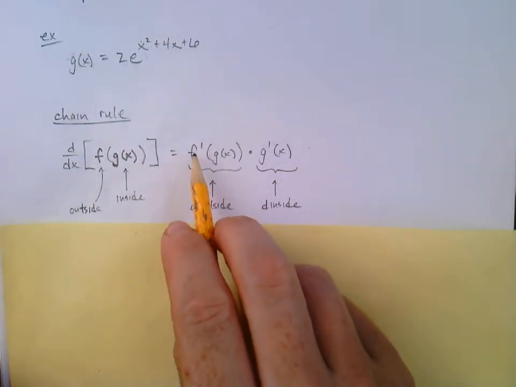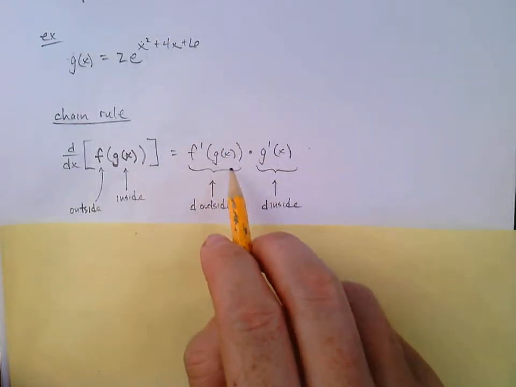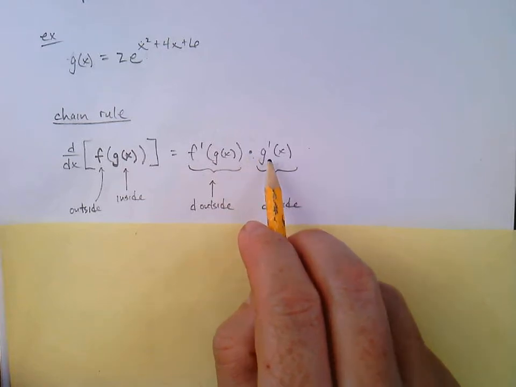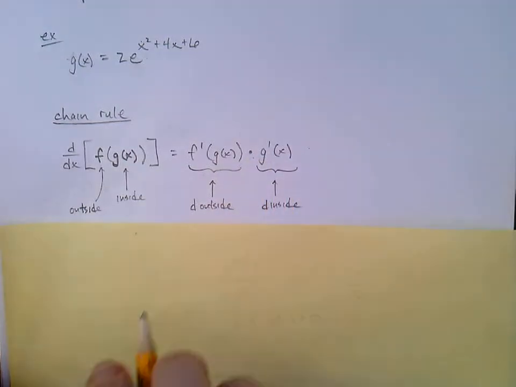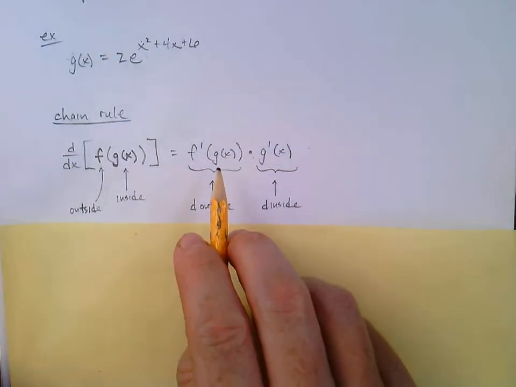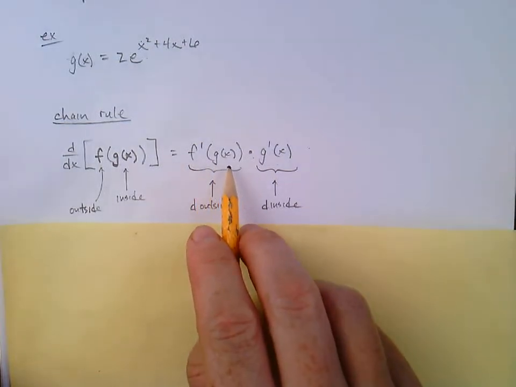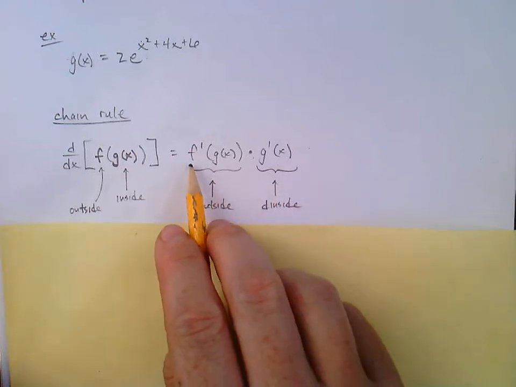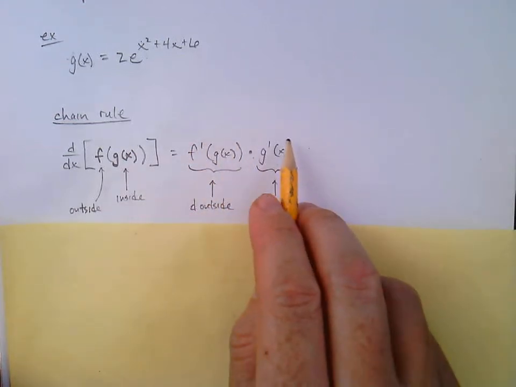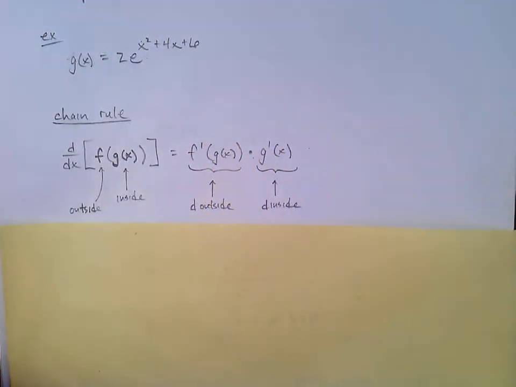Take just the derivative of f and then copy the g, and then multiply by the derivative of g. And with the result, this is where the name comes from. We're thinking of these as two links in a chain. So link number 1, link number 2, and all of it together is the derivative. There are these two links forming the chain. Derivative of the outside times derivative of the inside.